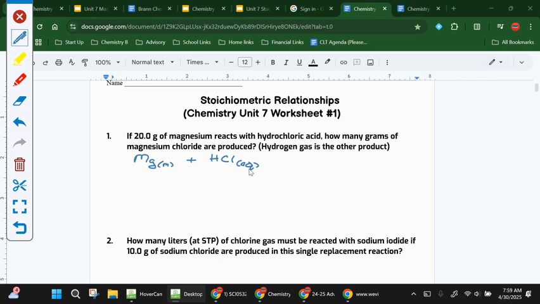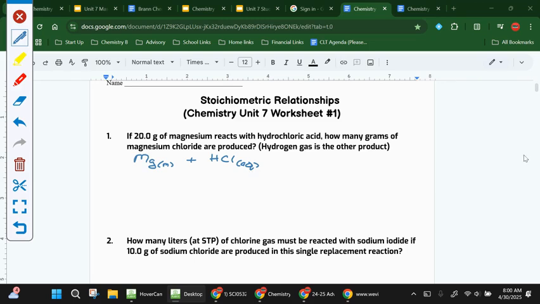Good. Now, I do not care which one you write first and which one you write second. As long as these are the 2 things that are on the reactant side and they are written the way they are now, you will get points. By the way, on a test, each one of these formulas gets you a point. So right now you got 2 points earned on the test.